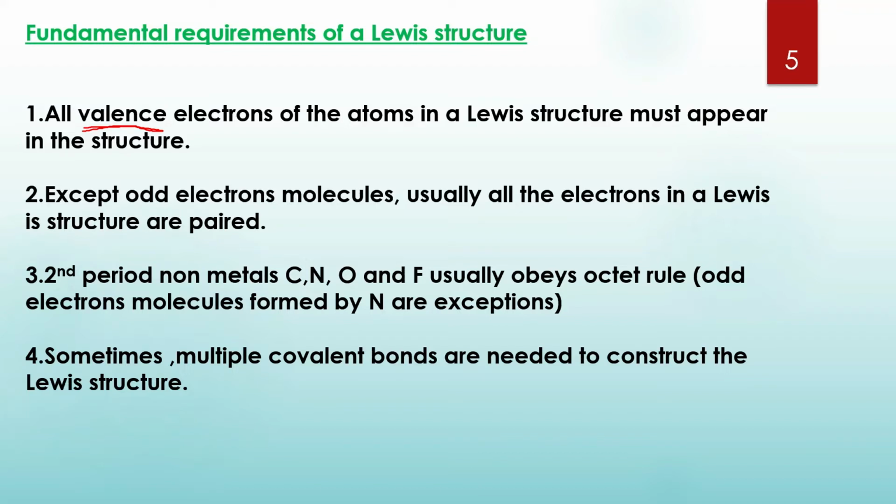Other than that, everything else must be paired. Second period nonmetals, carbon, nitrogen, oxygen, and fluorine usually obey the octet rule. Again, the exception is the odd electron molecules formed by nitrogen. Sometimes multiple covalent bonds are needed to construct the Lewis structure. As you saw in the first examples, N2 and CO2 had triple bonds and double bonds respectively.